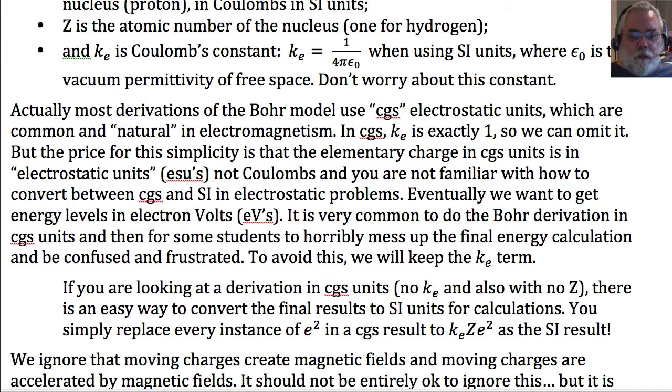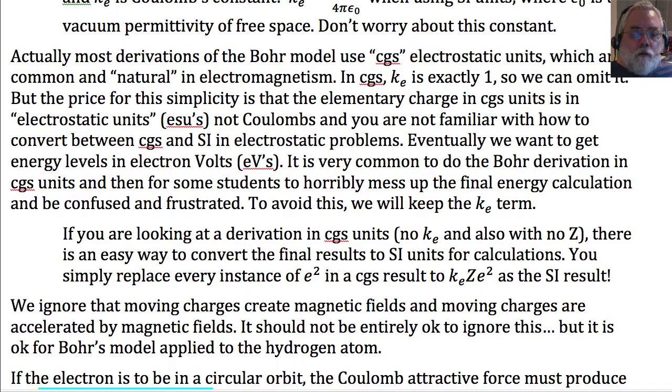You simply replace every instance of E squared in a CGS result with K sub E, Z, E squared as the SI result. We will ignore that moving charges create magnetic fields and moving charges are accelerated by magnetic fields. It should not be entirely okay to ignore this, but it is okay for Bohr's model applied to the hydrogen atom.